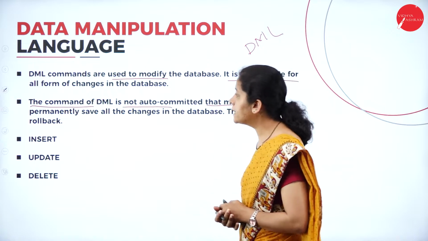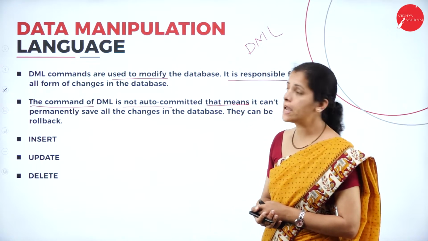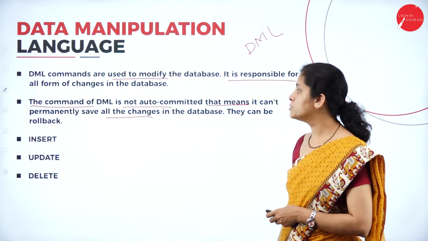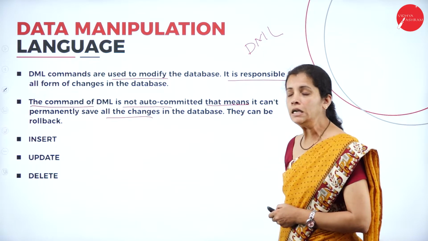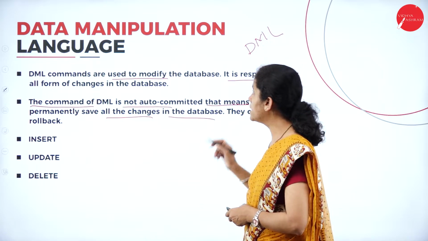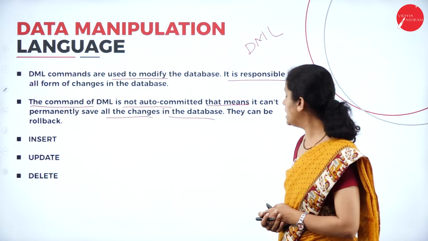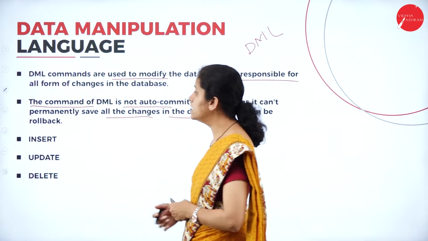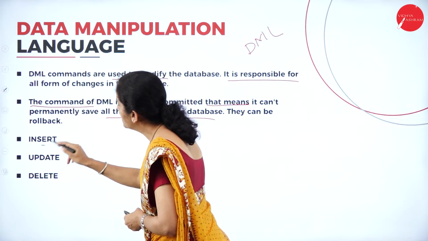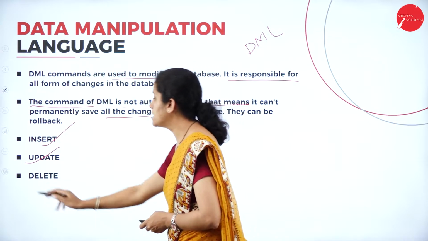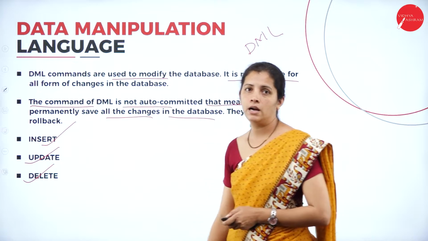That means it cannot permanently save all the changes. So it's not possible to permanently save all the changes in the database by using DML. And some of the commands that come under DML are insert command, update command, as well as delete command.